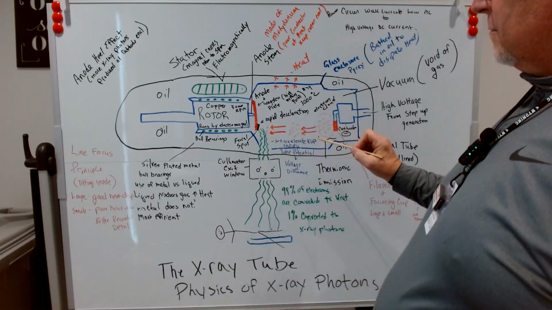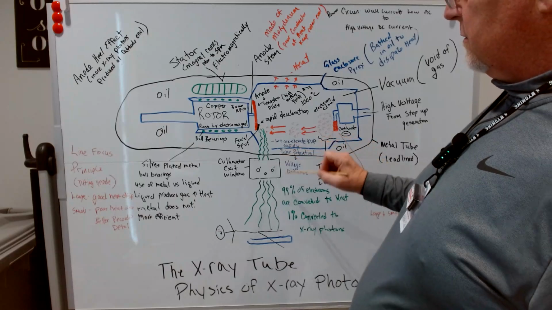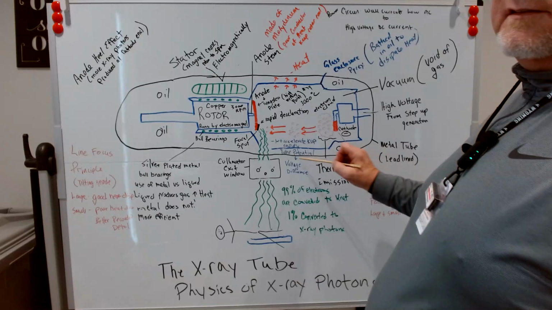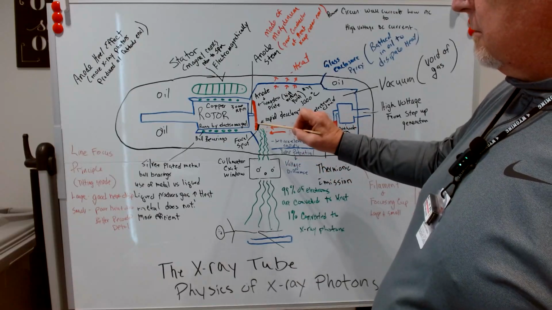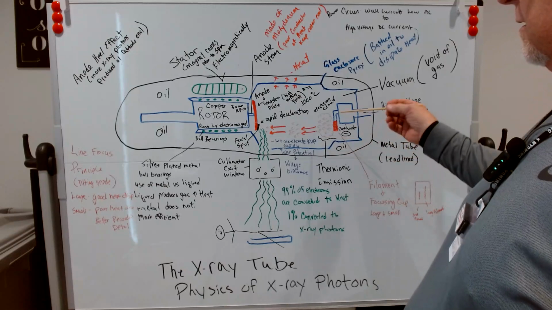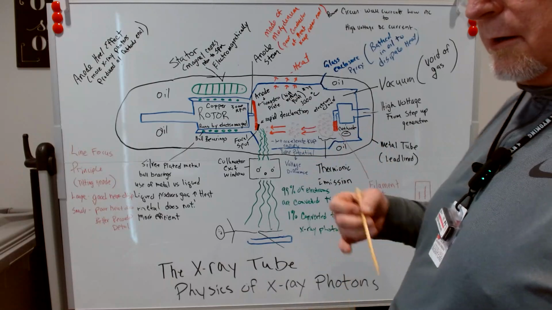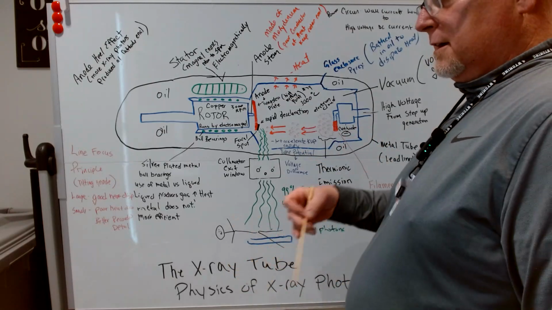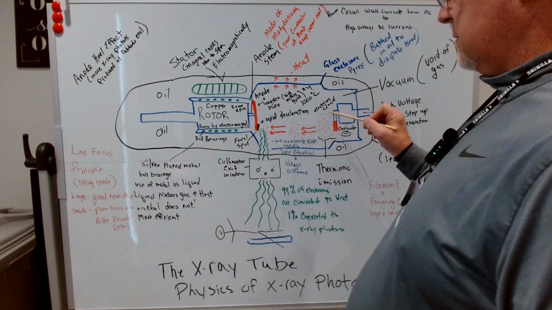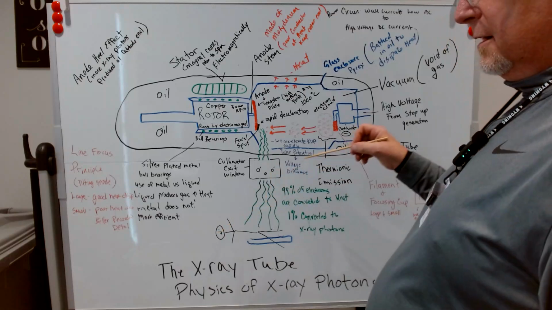Okay, this is what we call a tube potential or voltage difference between positive and negative. Our tube potential is actually gauged by our kVp. The higher kVp we give a film, the more electrons are going to be released, right?